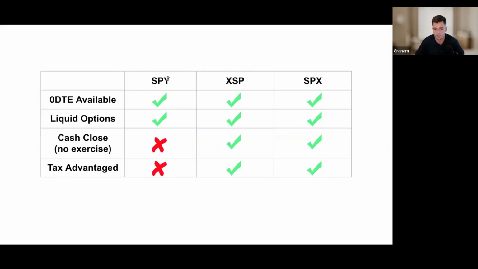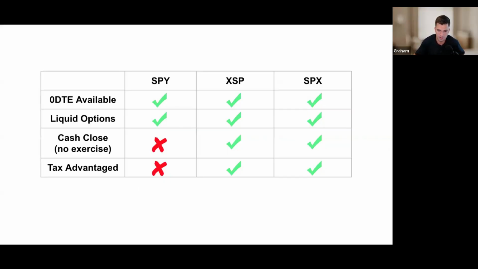Also, SPY is not tax advantaged. Every time you trade SPY under 2 years long, you're going to be paying short-term capital gains. With XSP and SPX, however, they do get a tax advantage, where it's 60% long-term capital gains and 40% short-term capital gains. So depending on your tax bracket, that could save you anywhere from a couple hundred to a couple $1,000 a year by using these tickers.